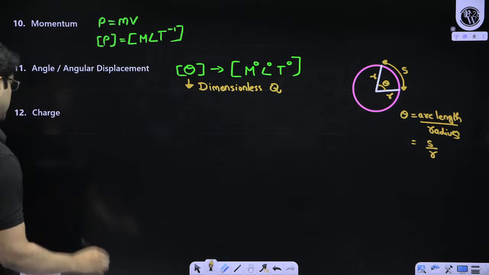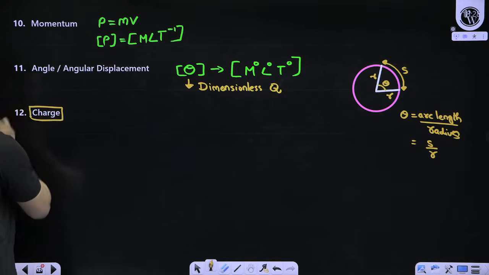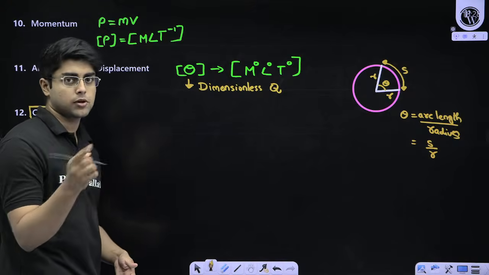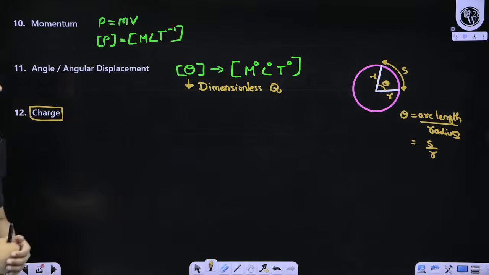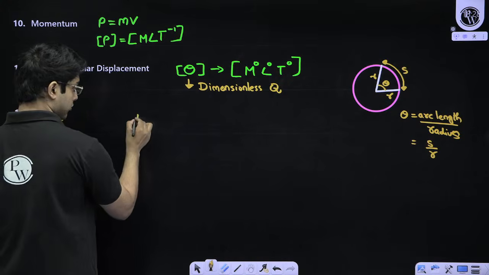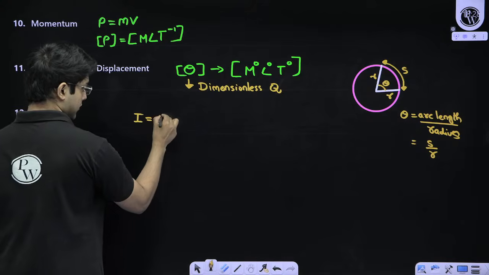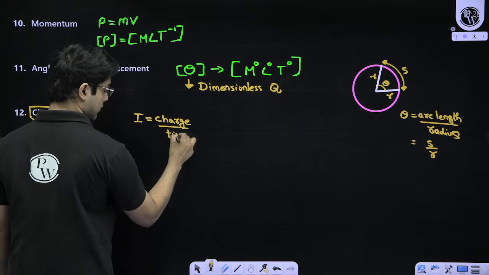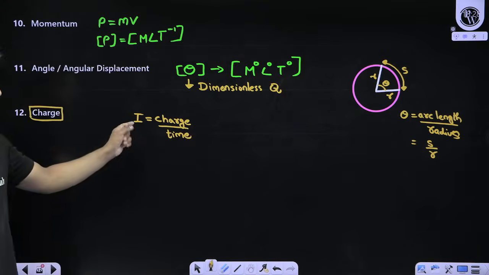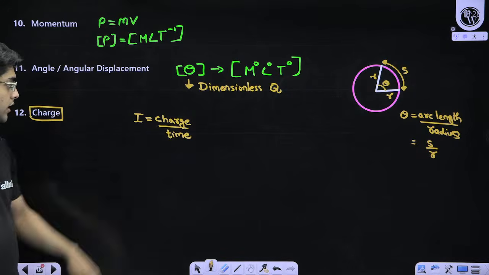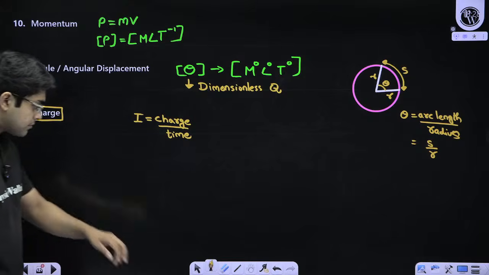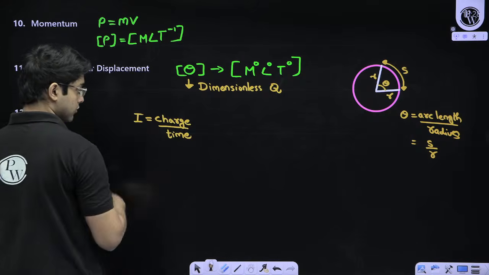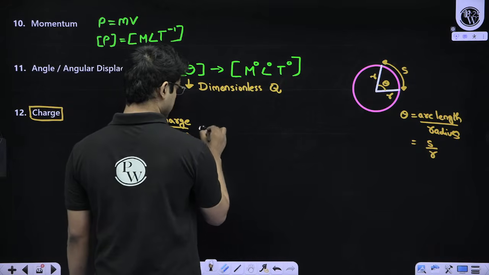Then charge. How do we get the dimension of charge? Think of a formula in which we had charge from class 10th. If you remember the definition of current, it was the rate of flow of charge, right? Charge by time. So we remember a formula relating current to charge and time, and we can use this relation to find the dimension of charge.